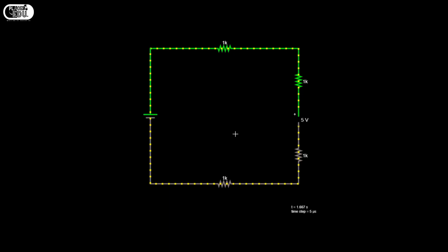This is a very important conclusion that you have to take. The open circuit has two terminals, plus and minus; one is connected directly to the positive of the voltage source and the other directly to the negative of the source. Therefore 5 volts is directly applied across the open circuit.